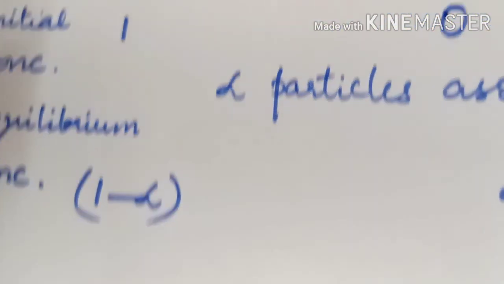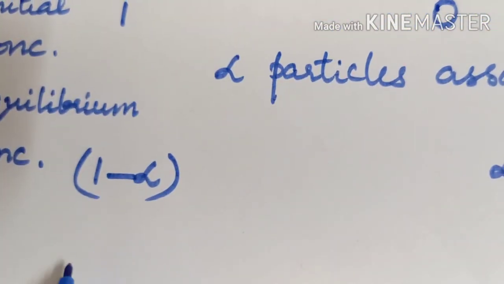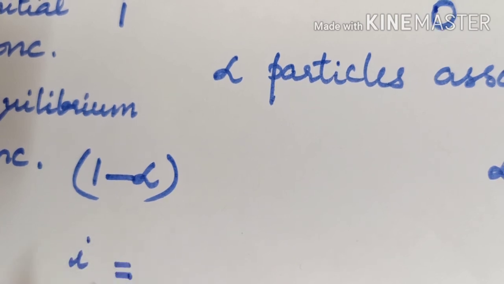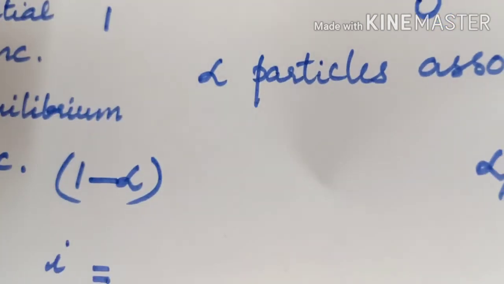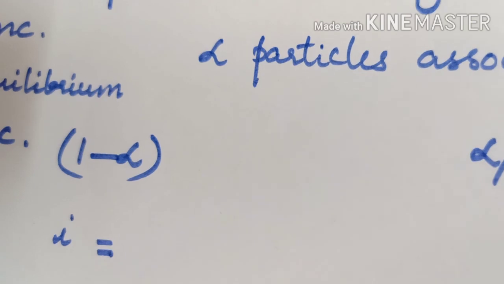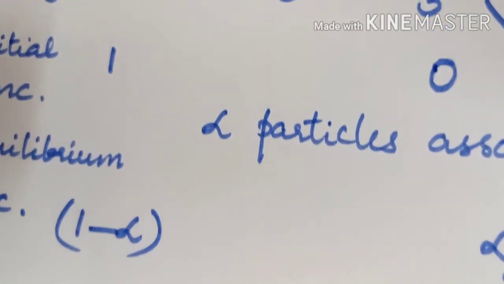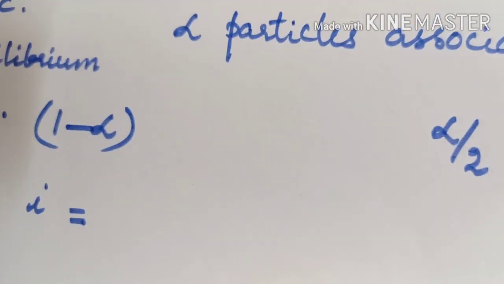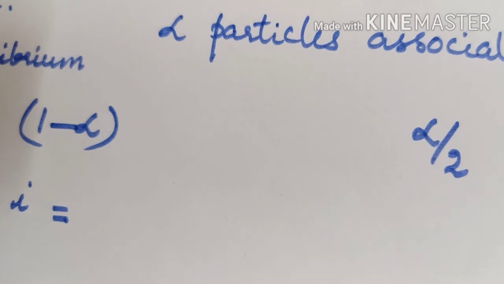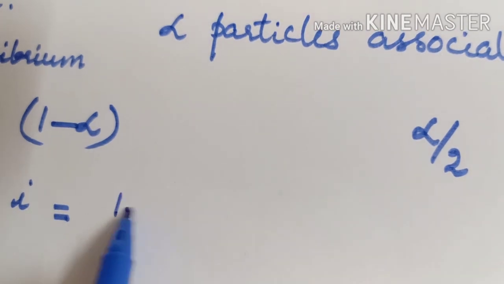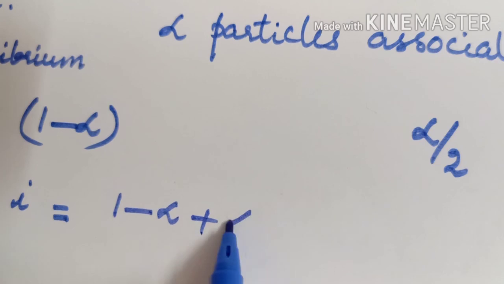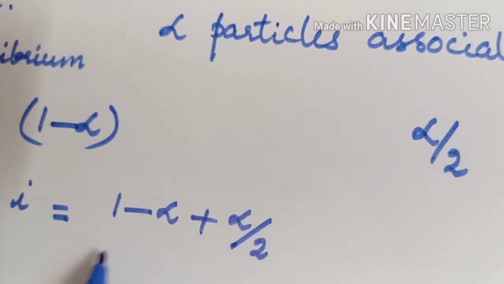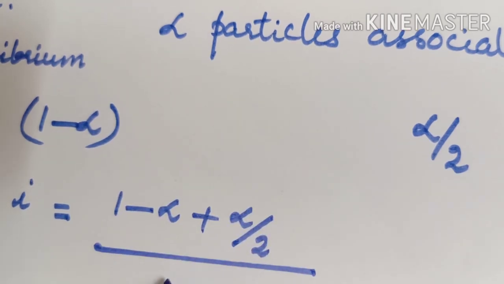With the result, the i value can be calculated using the formula: number of solute particles after association divided by number of solute particles before association. So it will be 1 minus alpha plus alpha by 2 divided by initial, which is 1. So what will be the value?